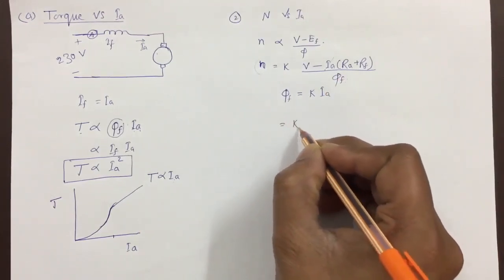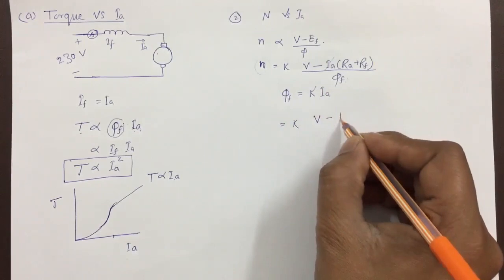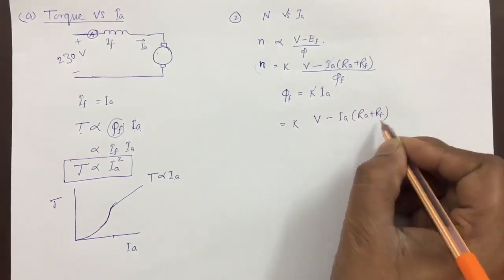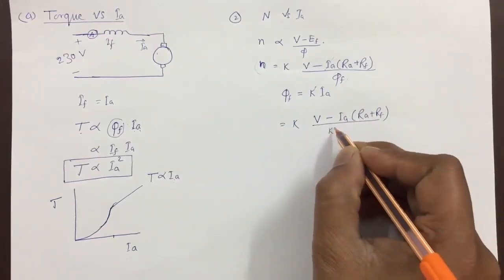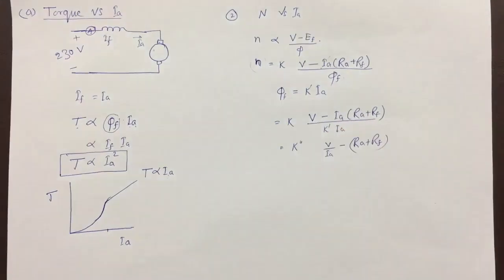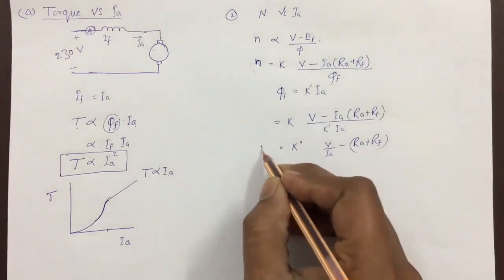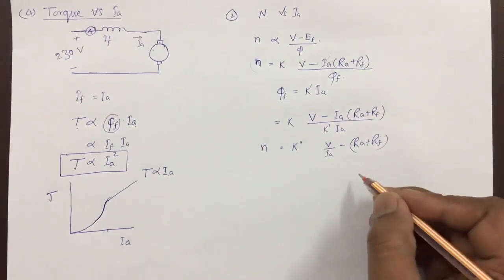Now put it here. We can write K times V minus IA times RA plus field winding resistance, divided by K IA. From here, we find that speed is inversely proportional to the current.